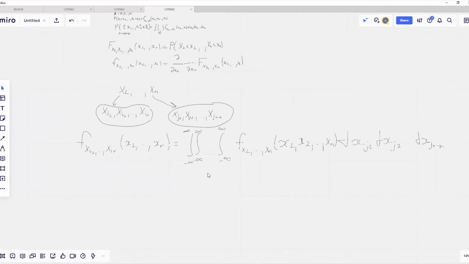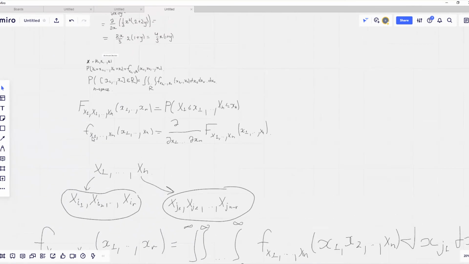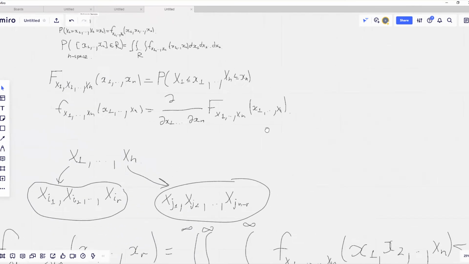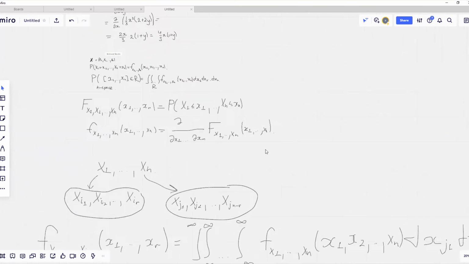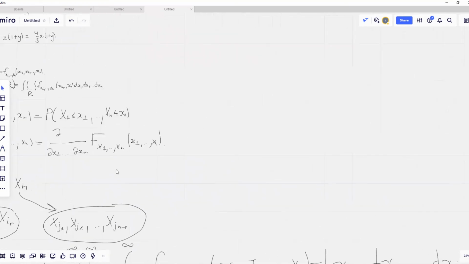Okay, now one last point here. Every time we were listing all of our random variables, now for convenience, instead of listing all these random variables every time, you can use the vector notation.